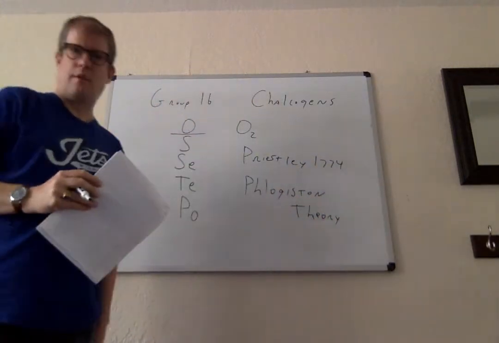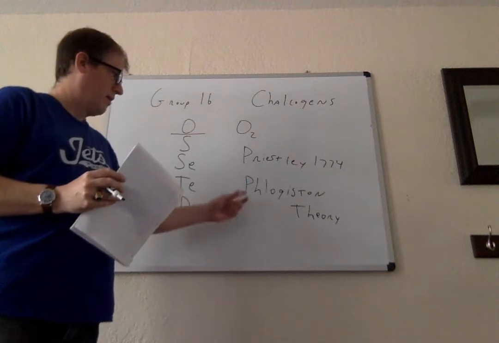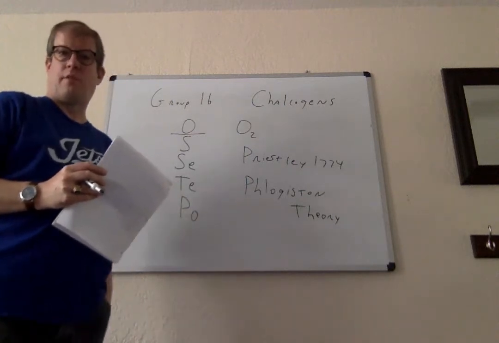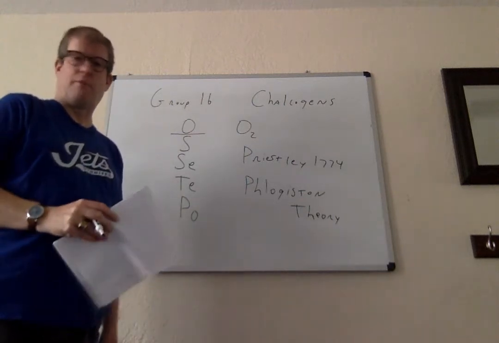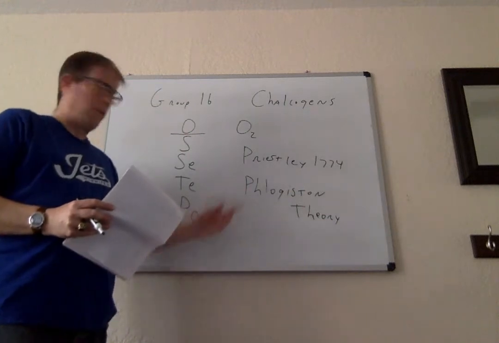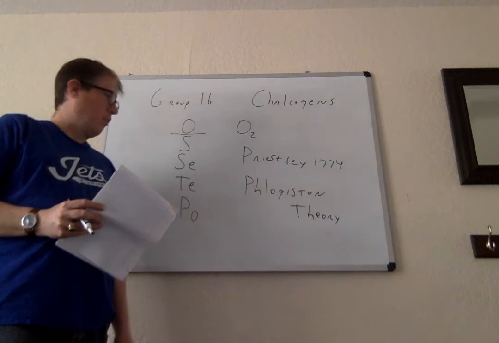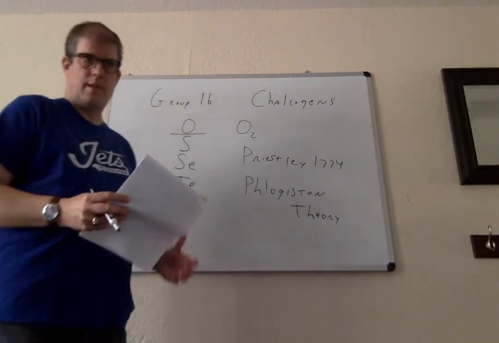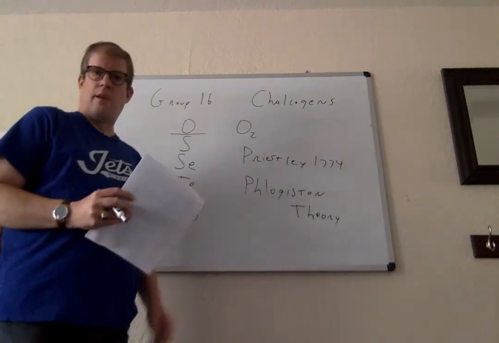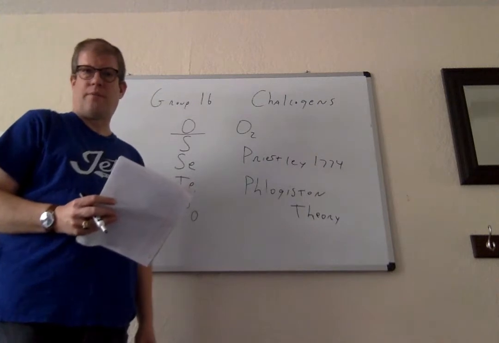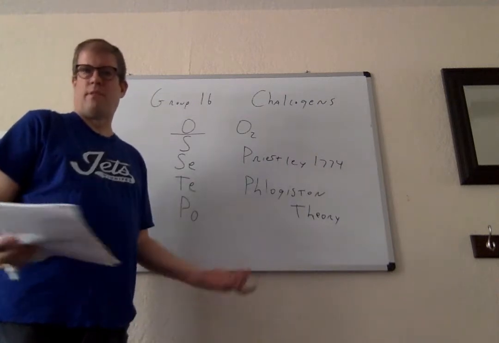His discovery of the oxygen disproved what was called the phlogiston theory, which had been around for quite some time before that. Georg Ernst Stahl is actually the major proponent of this, and what this theory says is that when things are burned, they lose phlogiston. Of course, what is that?